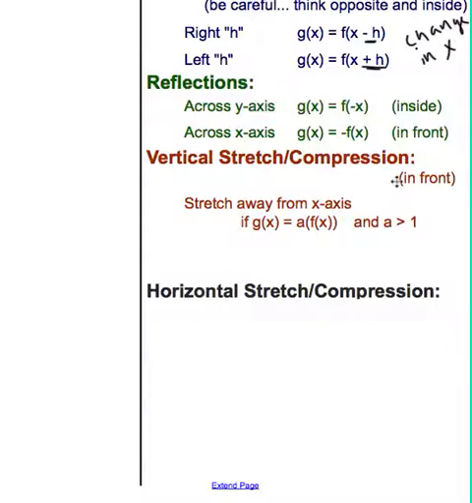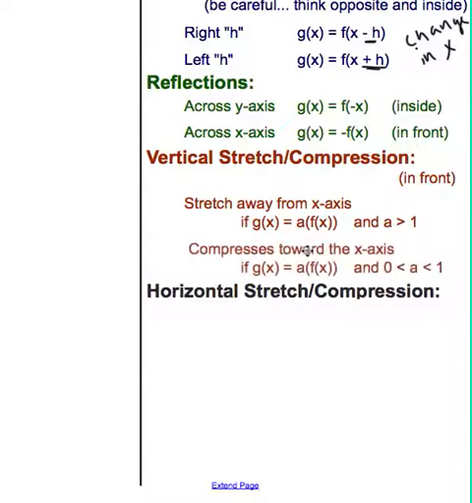So if g of x equals a, some number a times f of x, where a is greater than 1, then we know it's a stretch, and it's going to pull away vertically from the x-axis, making it taller and skinnier. Now, if we want to compress it towards the x-axis or squish it down, then it's going to be the same thing, but a is going to be between 0 and 1. It's going to be that fractional value. You could say decimal too, but I like to think of it in terms of fractions because contrary to popular belief, fractions are neater.